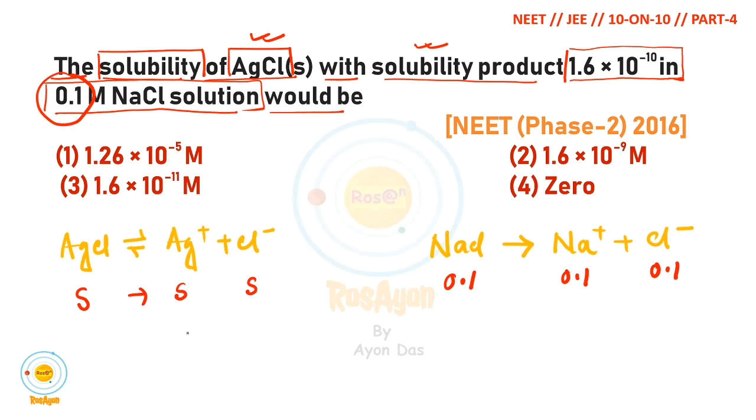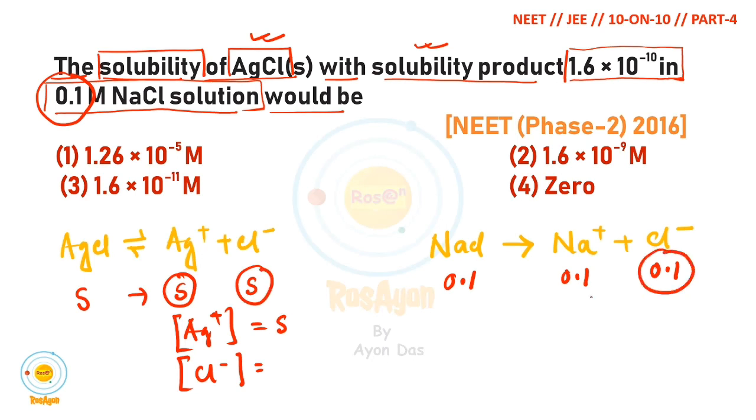Now, the concentration of Ag plus equals S and the concentration of Cl minus equals S plus 0.1. Here AgCl is a weak electrolyte, so S is negligible compared to 0.1. So you can consider it nearly equal to 0.1.